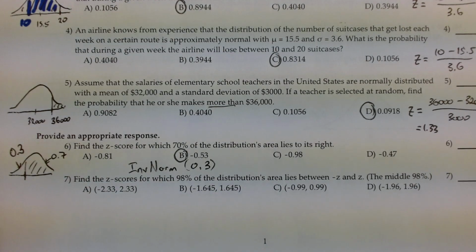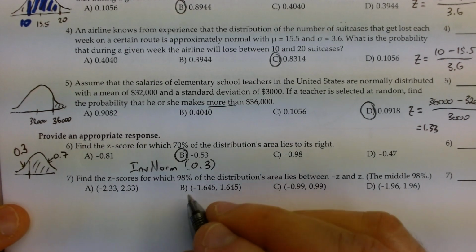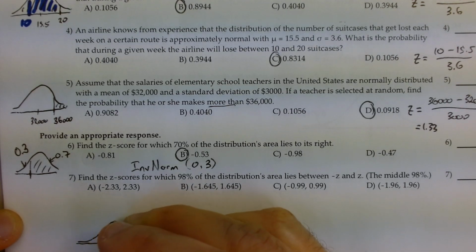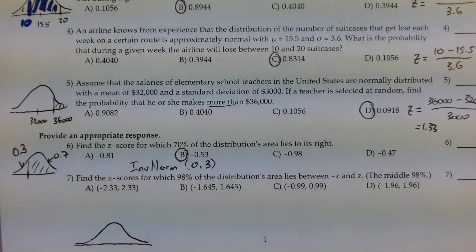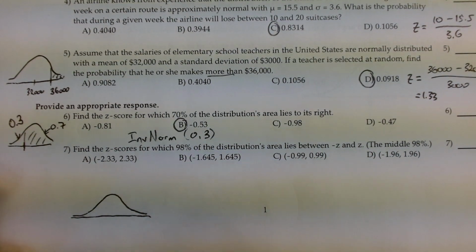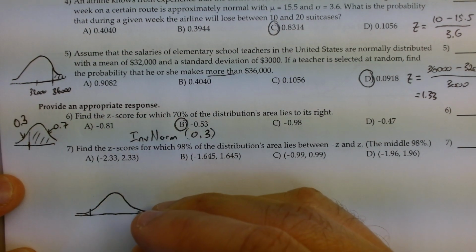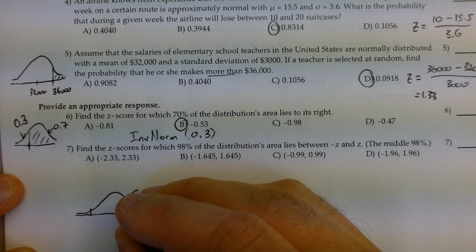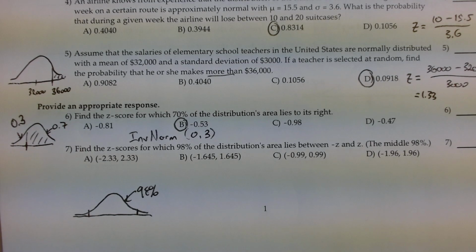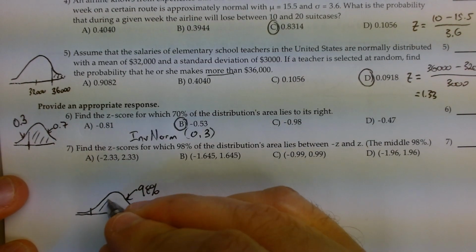And the next one here, 98% in the center. Let's draw our distribution. So this one might be one of the more tricky ones. We need two z-scores here, where this area is 98%. Shade that.